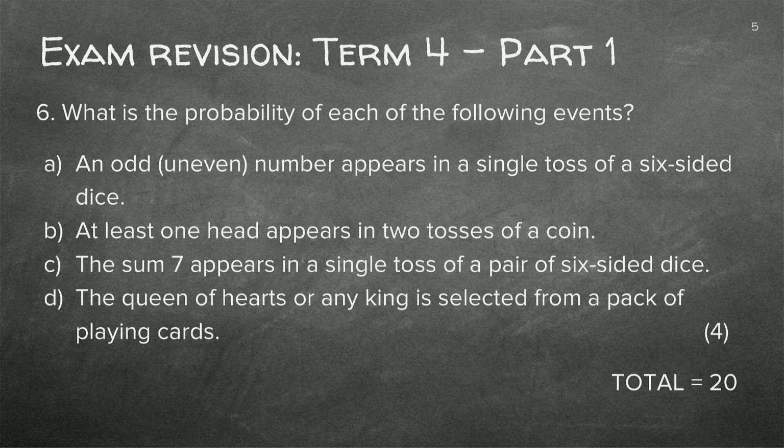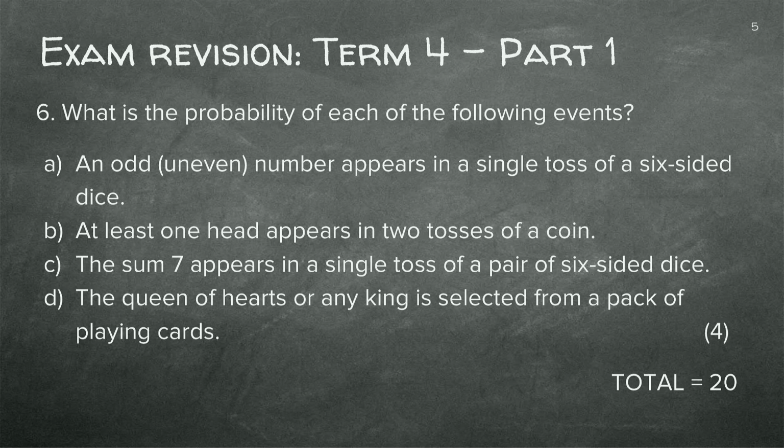Then the last section is what is the probability of each of the following events? An odd or uneven number appears in a single toss of a 6-sided dice. So you can remember we did this under probability. At least one head appears in 2 tosses of a coin.